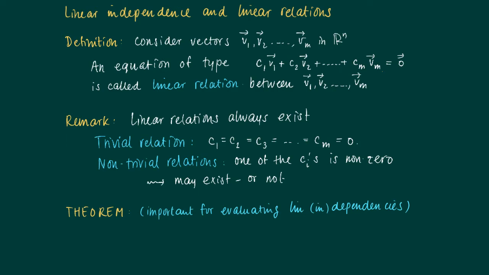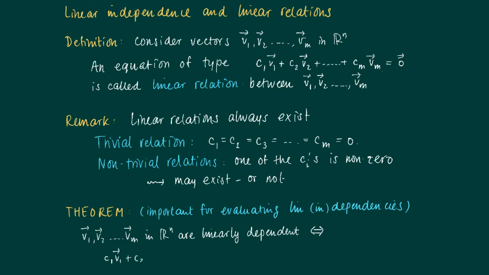Well, we have an important theorem, and it's important because we can trace linear dependencies between vectors by applying the following theorem. v1 until vm are linearly dependent if and only if there are non-trivial relations between the vectors v1, v2, vm.